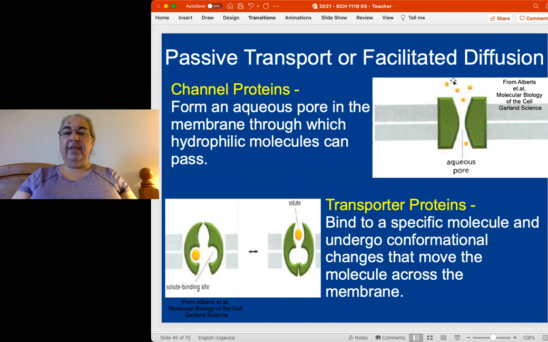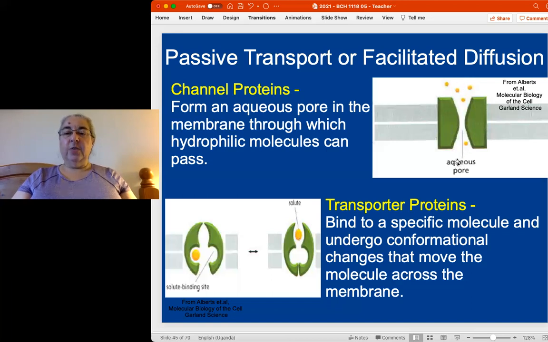So anything that's dissolved in the water on one side of the membrane and is small enough to physically fit through the narrowest part of the channel is able to diffuse across the membrane from high concentration to low concentration. So it's made easier because of these proteins, but it is still basically diffusion.